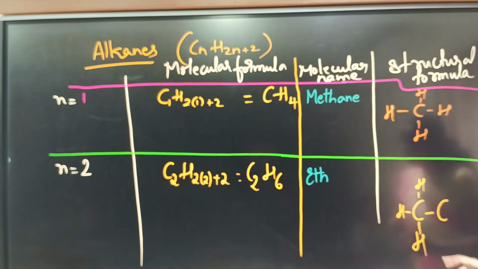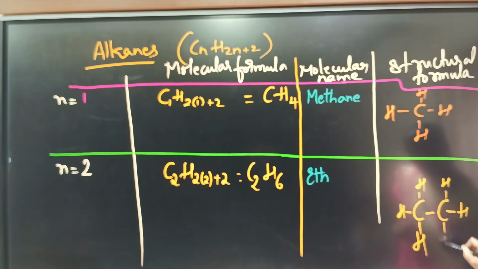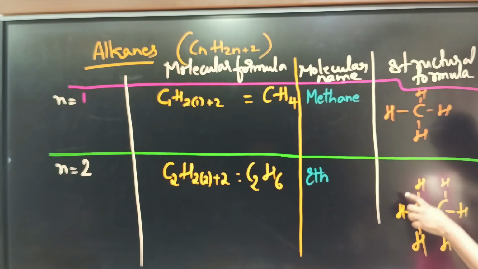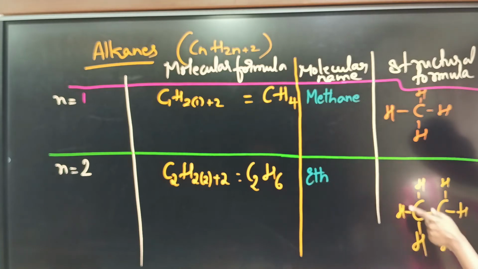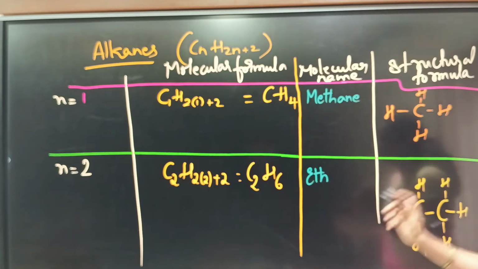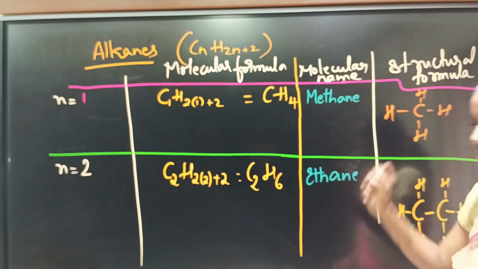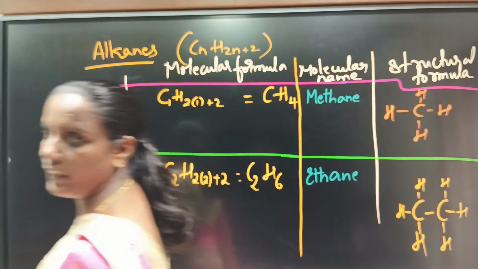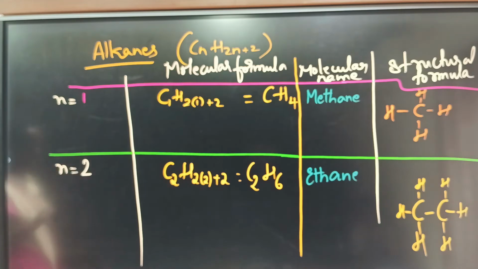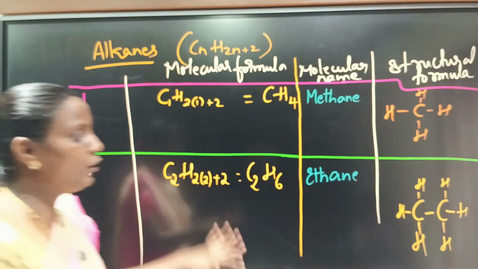For this one also, 1 bond is already there, another 3 H. So count the number of H: 1, 2, 3, 4, 5, 6 H, all formed by single bonds. So we call this ethane. Understood? Ethane.